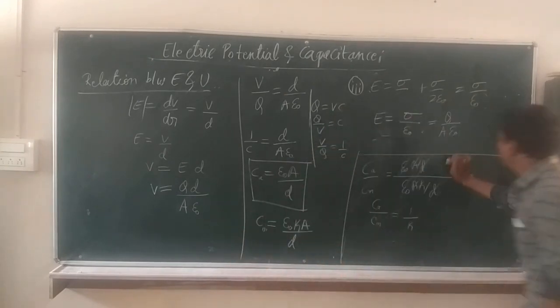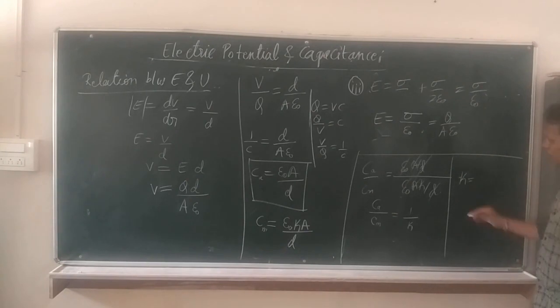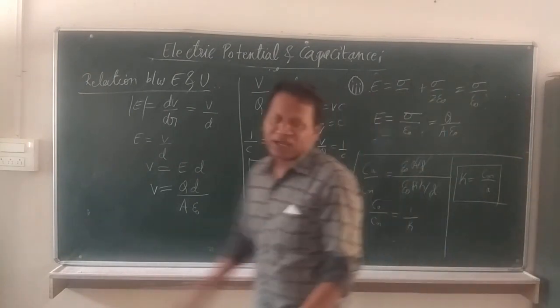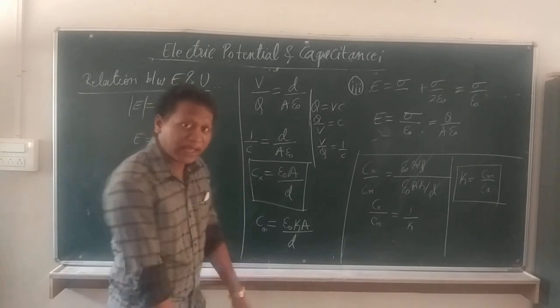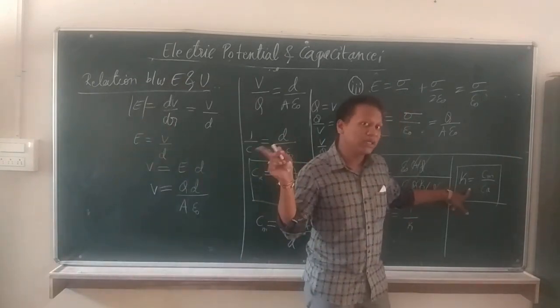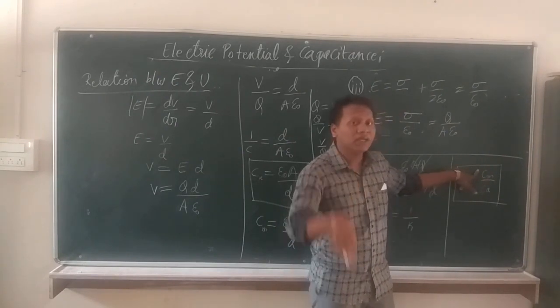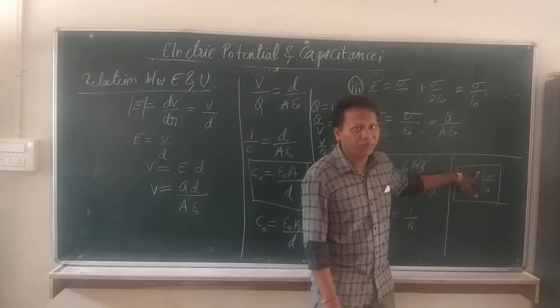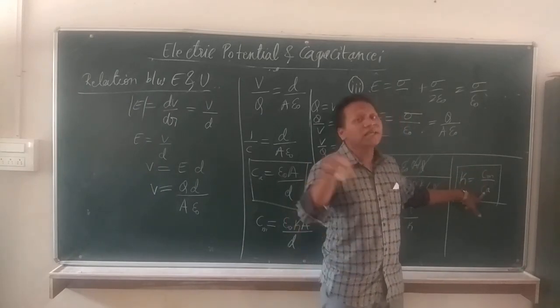Now what can I write? K is equal to Cm divided by Ca. So this is the definition of dielectric constant. How do we define the dielectric constant? The dielectric constant of a capacitor is defined as the capacitance of a capacitor placed in a medium to that of the same capacitor placed in an air medium.